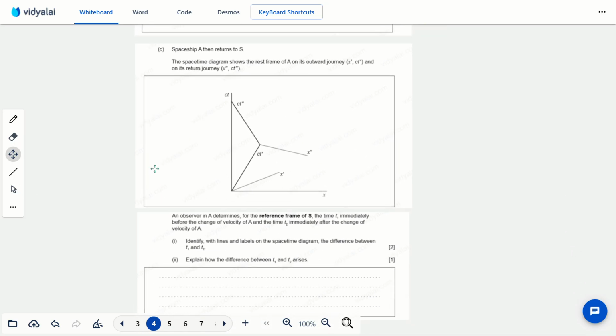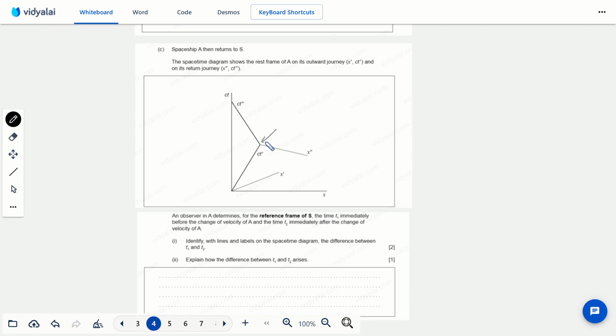And in the last part of the question, we have that spaceship A coming back to the station, and they have constructed the frame of the space station as it moves. So we have two frames, the primed frame and the double primed frame as it comes back.